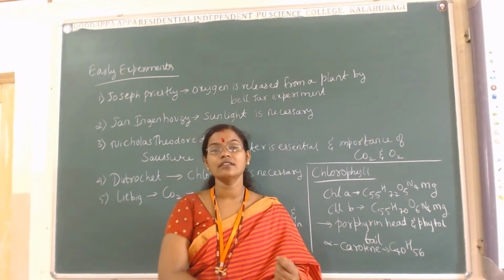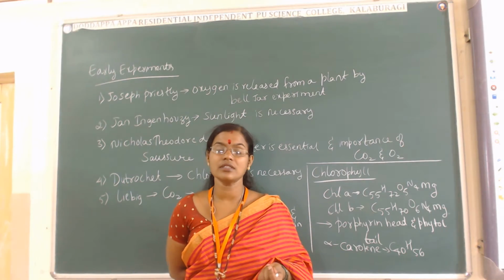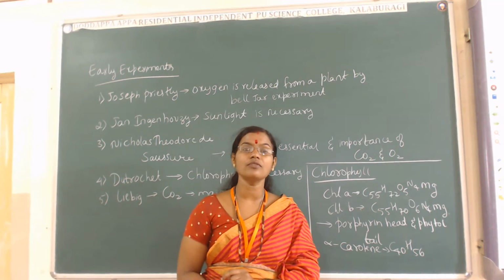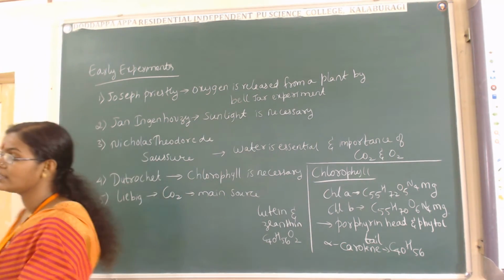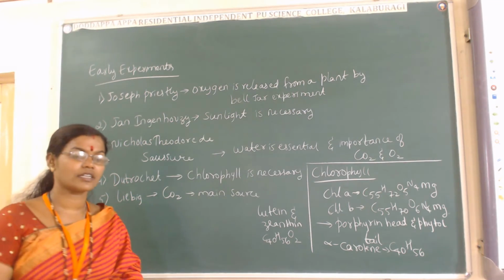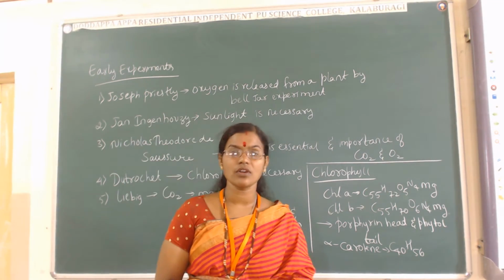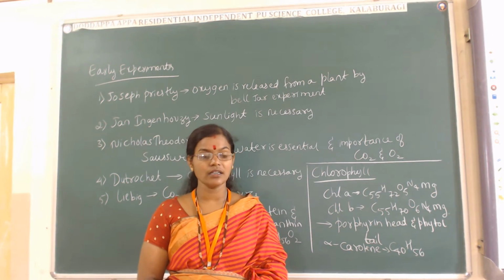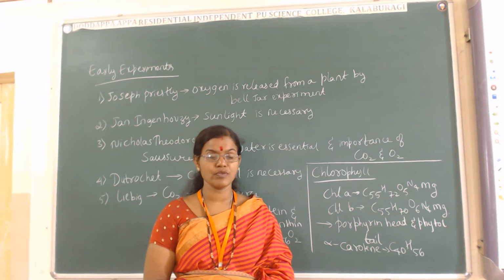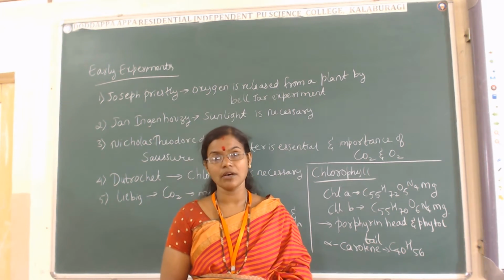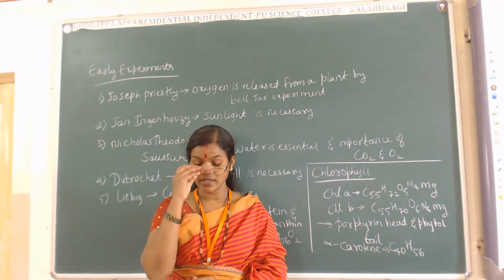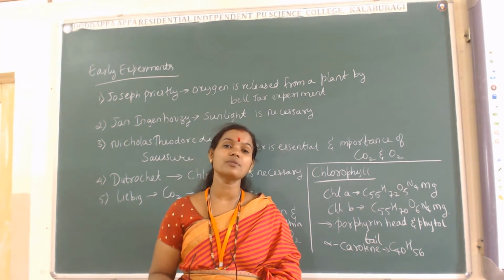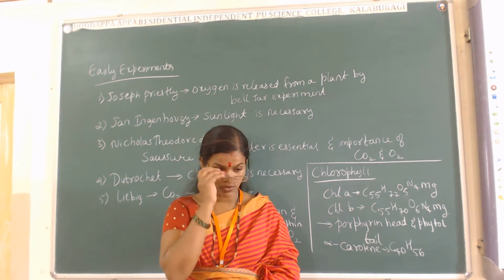Then the activation of the chlorophyll pigment occurs, and after that all the chlorophyll pigments come to one center, which is called the reaction center. The reaction center is also called photosystem. Based on the wavelength, there are two types of photosystem, photosystem 1 and photosystem 2.